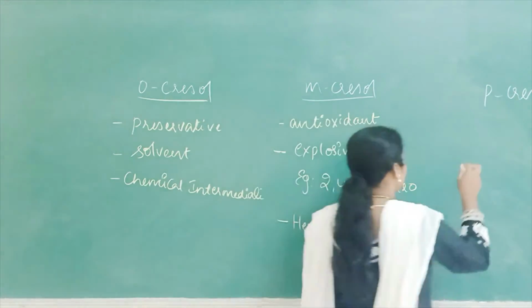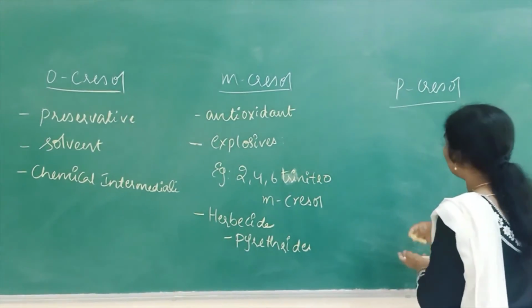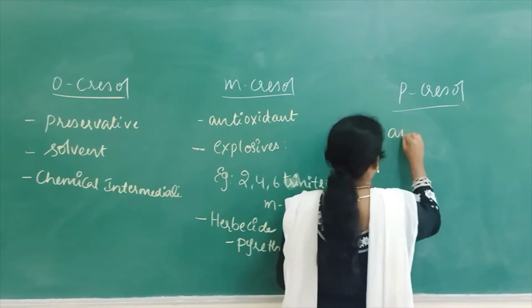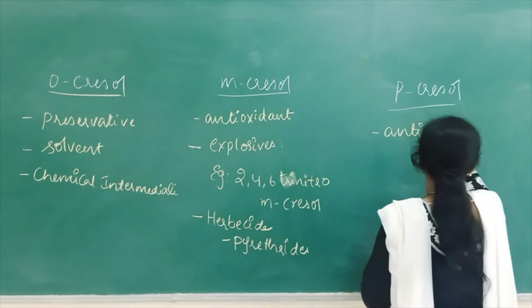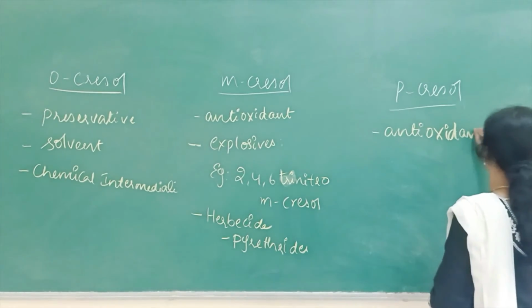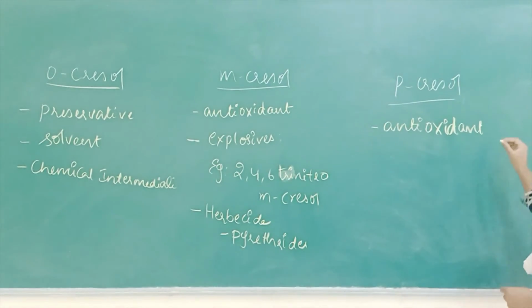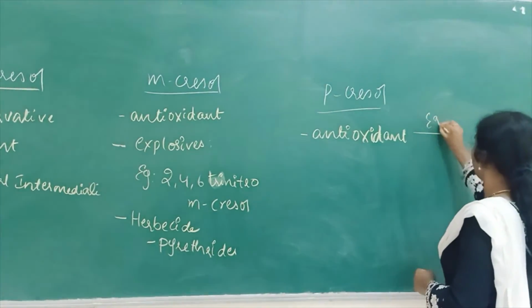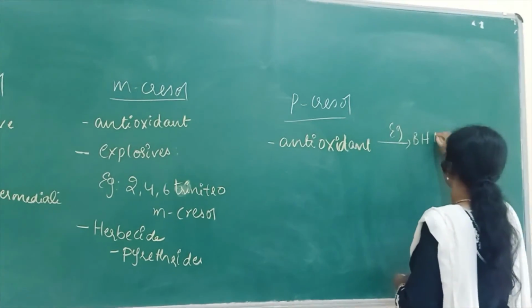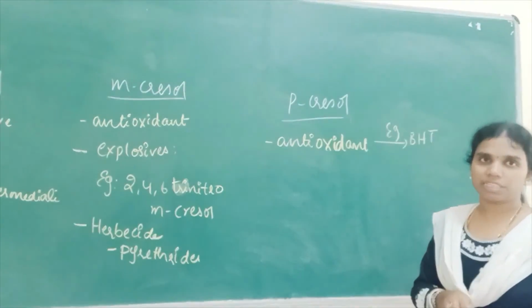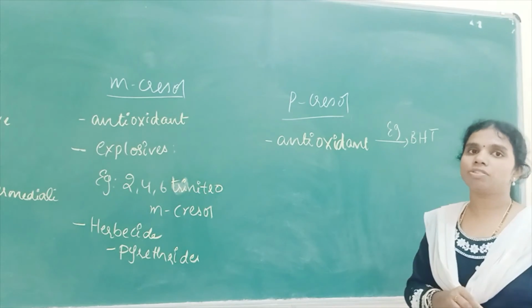And the next one is paracresol. This paracresol is used for synthesizing or manufacturing antioxidants, for example BHT. Generally if you see any formulation, BHT and BHA are the common preservatives or antioxidants.